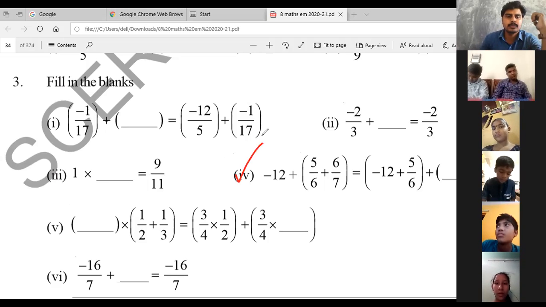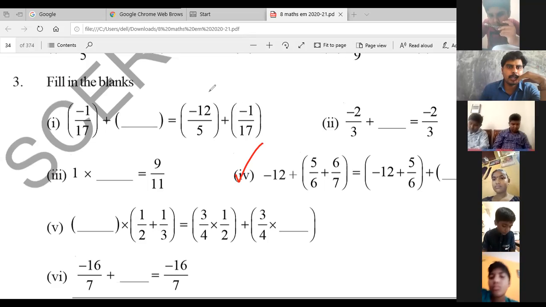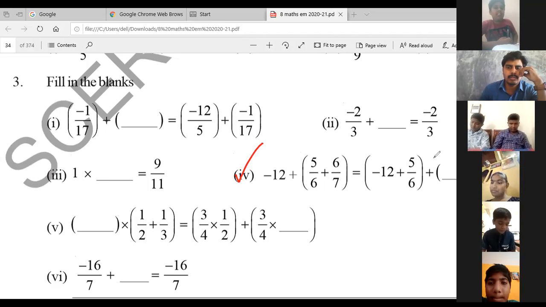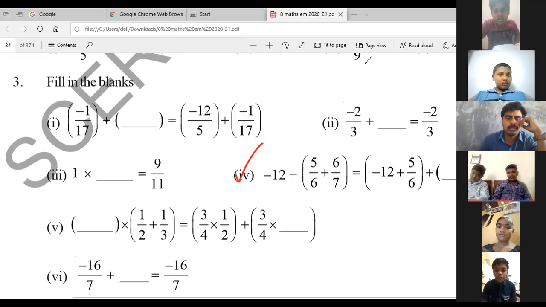Fourth question. So you are absent in the previous classes, I know. Right? Sham Lohit, sir, what is the answer? What is the blank, sir?